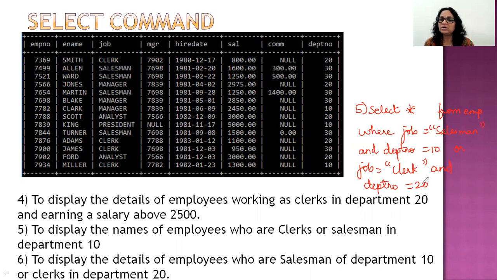Now do you see there is again repetition of ANDs and ORs, but is a bracket necessary? No. The reason being, I just told you in the previous example that AND works before OR. So if AND is going to work before OR, what will it check? It will check for somebody who's a salesman of department 10, or it will check for somebody who's a clerk of department 20. So even if you didn't put the bracket, you will get the right answer.